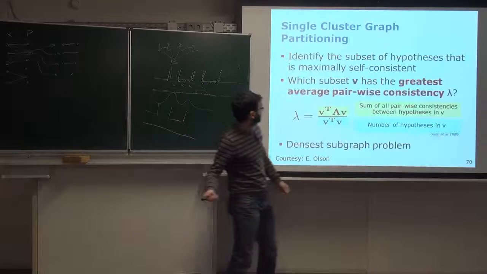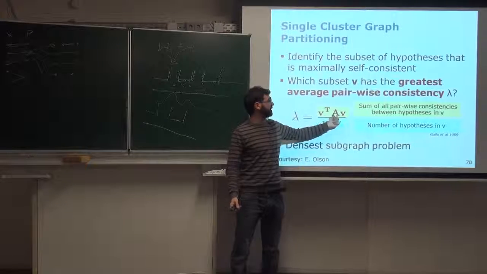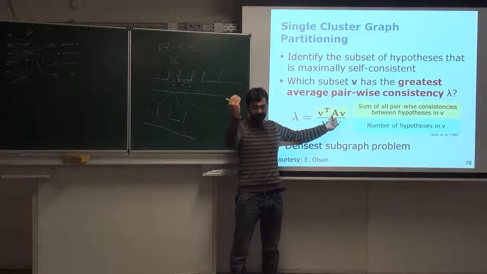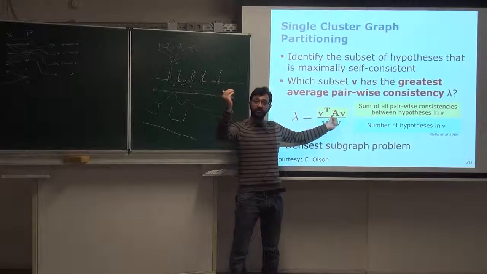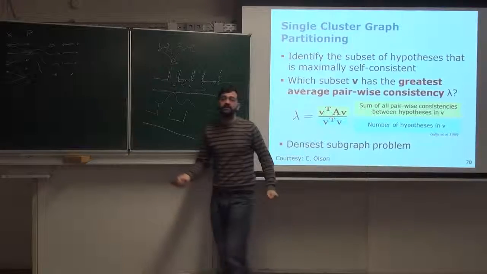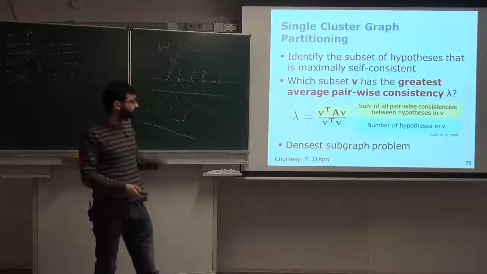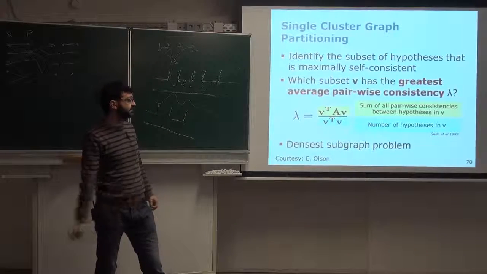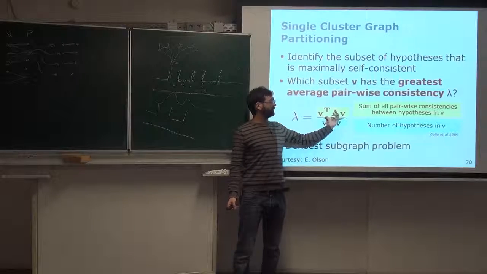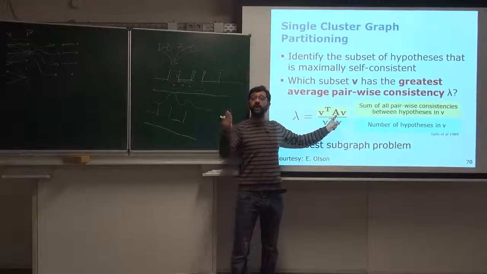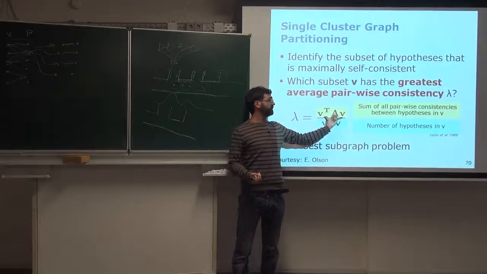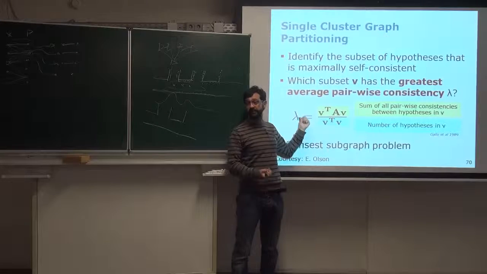In principle, this sums up everything in the matrix where i and j are different than 0. You normalize it by the number of elements that you have there, and this gives you a score of pairwise consistency. If this selects inconsistent matches, A is very high, so this is very high. If those are consistent matches, A is low, so this gets low.